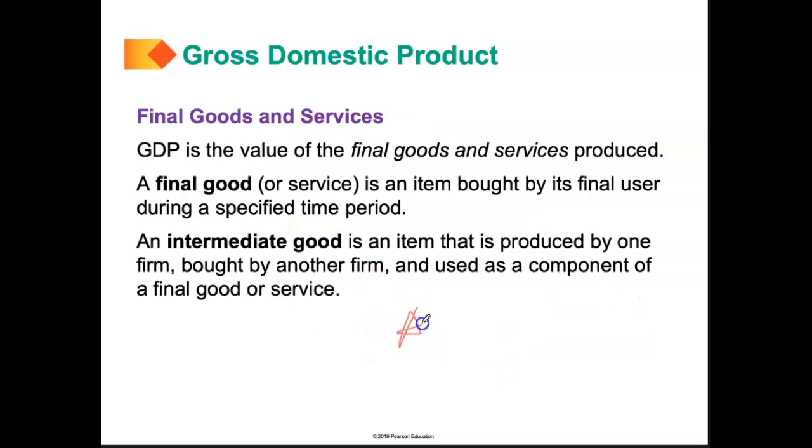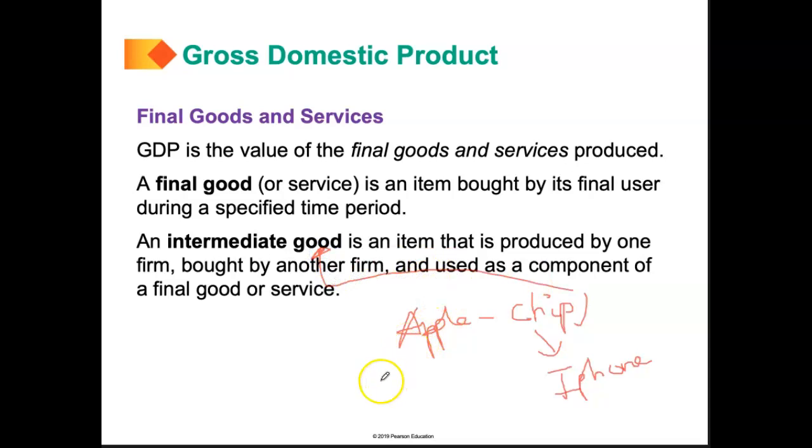So you need to know the difference between an intermediate good and a final good. Suppose Apple buys a chip, and they use this chip in making the iPhone. This chip is an intermediate good.